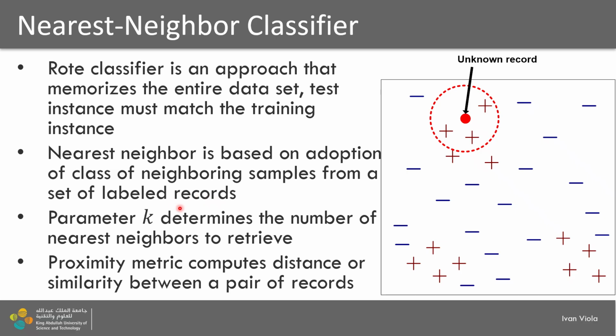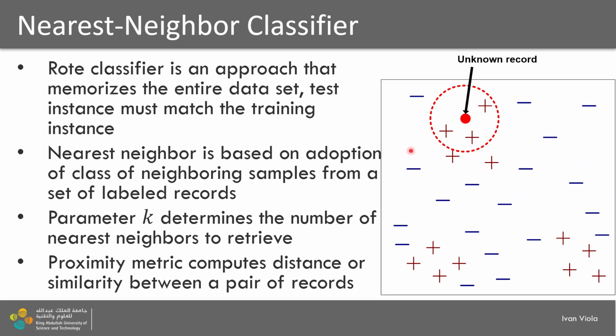Now, we can see this technique as a parametric technique because it has a parameter k, which determines its neighborhood. The parameter k determines the number of nearest neighbors to retrieve.